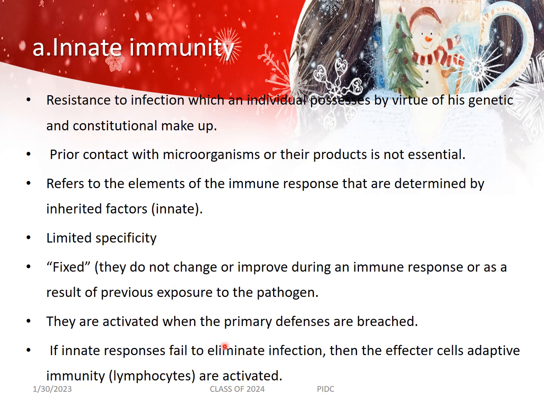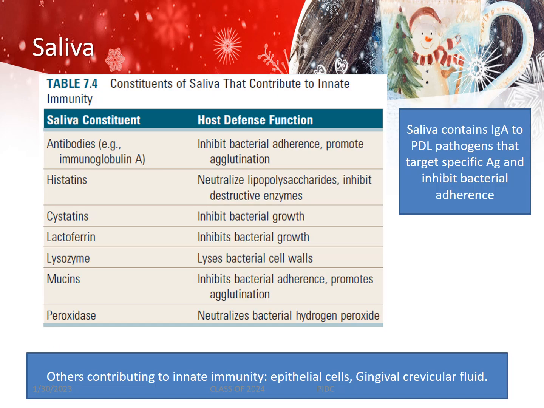They are activated when the primary defenses are breached. If the innate immune response fails to eliminate an infection, then the effector cells of adaptive immunity are activated. So what is adaptive immunity? We will see it in the next few slides. For innate immunity, there are certain features which we have in our oral cavity. The first and foremost for innate immunity is the saliva.